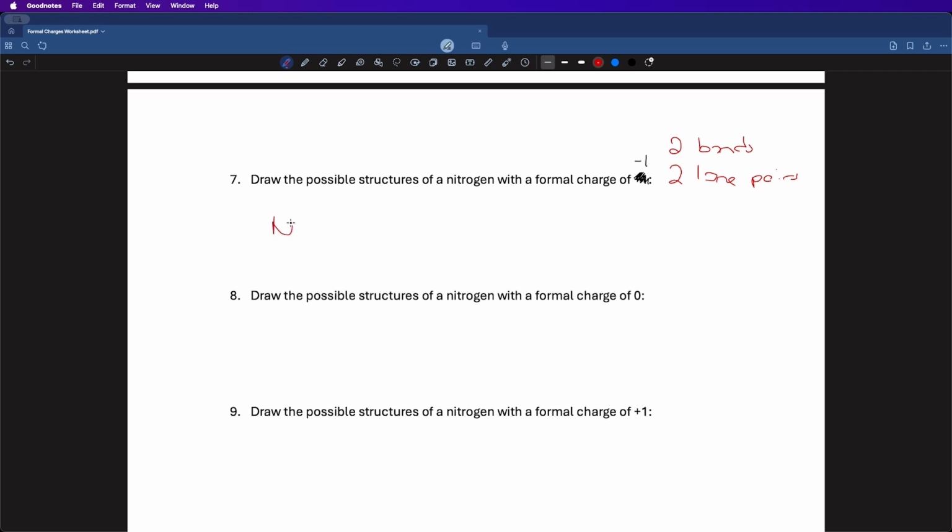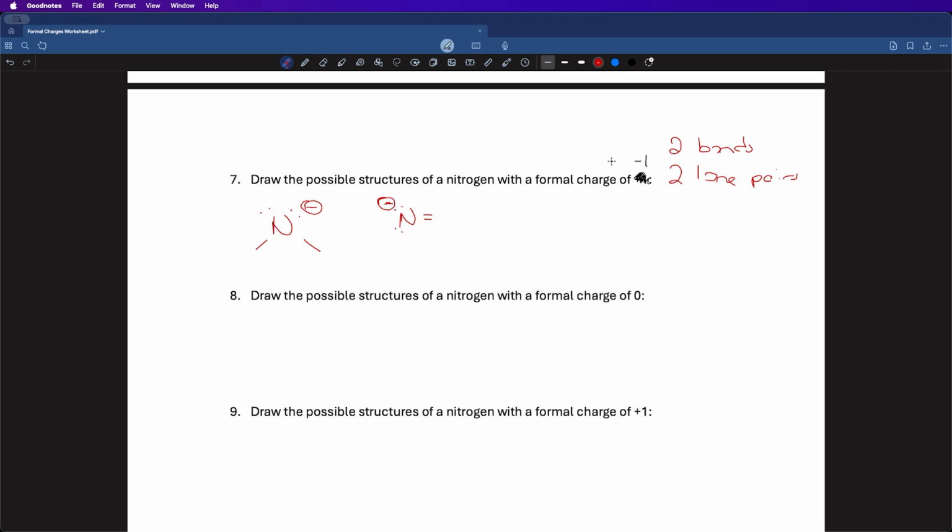And so nitrogen can be organized with 2 single bonds and 2 lone pairs, giving it a formal charge of -1. You can also just have a double bond and a negative formal charge, as well as its lone pairs, forming a nitrogen with a formal charge of -1.